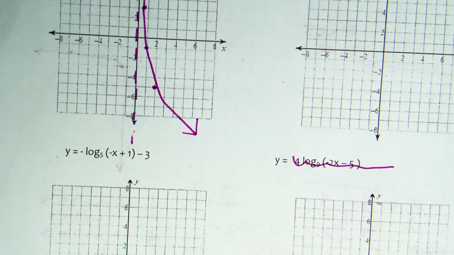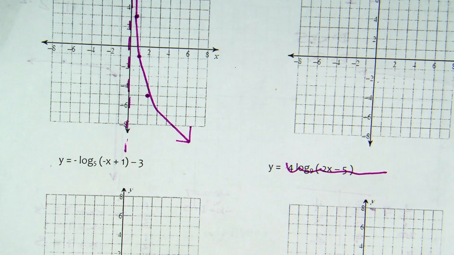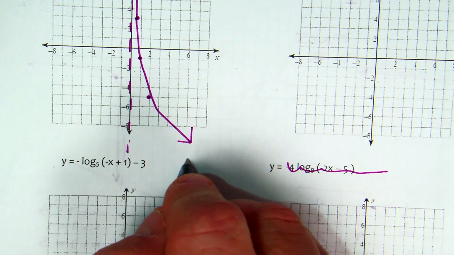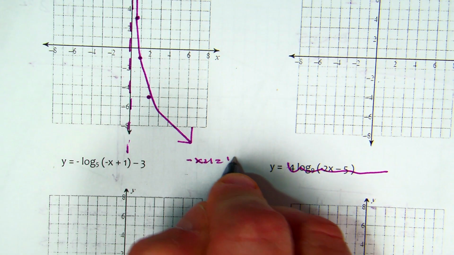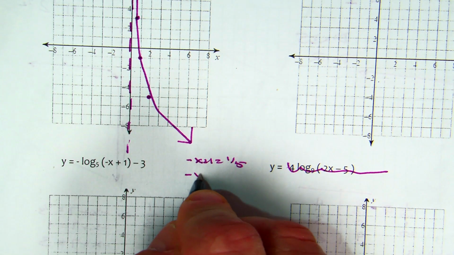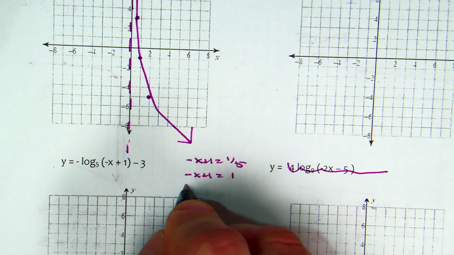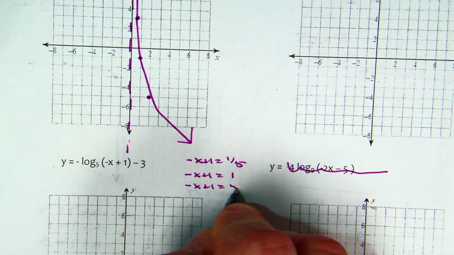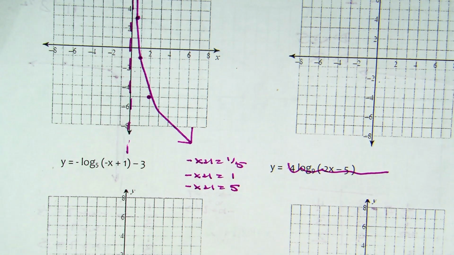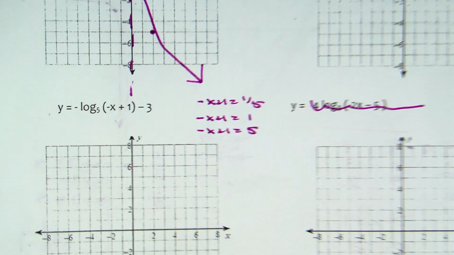So we'll look at this one, negative log base 5 of negative x plus 1, minus 3. That's the extent of when you have to solve for it. So negative x plus 1 equals 1 over 5. Negative x plus 1 equals 1. Negative x plus 1 equals 5. That's the extent of the multi-steps involved inside the parentheses.